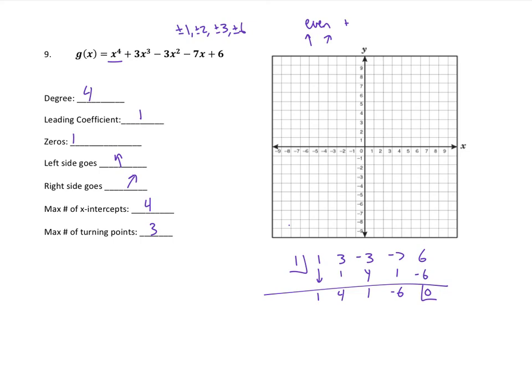Now we're left with x to the third plus 4x squared plus x minus 6. If we test this one out now, we're going to use -2.